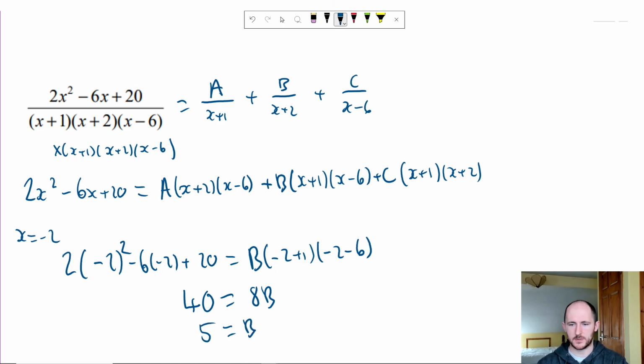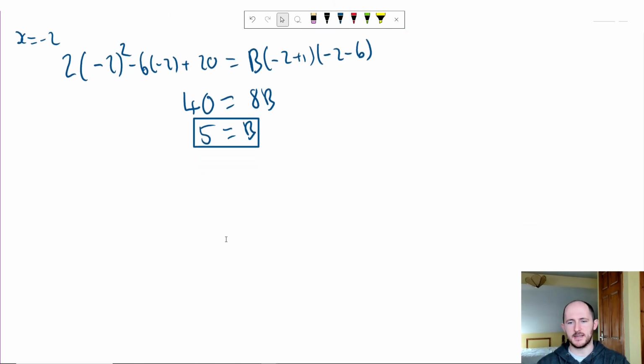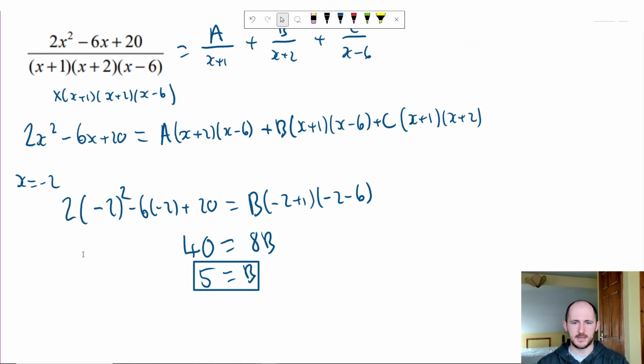So B is 5. And again, I do like to highlight these because in a mark scheme, they will be looking for A, B and C. And you may not have got it in the same order as the mark scheme. Maybe they work out A, then B, then C. Maybe they work C, then A, then B. Whatever. So highlighting it makes the examiner's life easy. I know you may not like the examiner, but at the end of the day, the easier you make their lives, the more likely they are to give you marks.